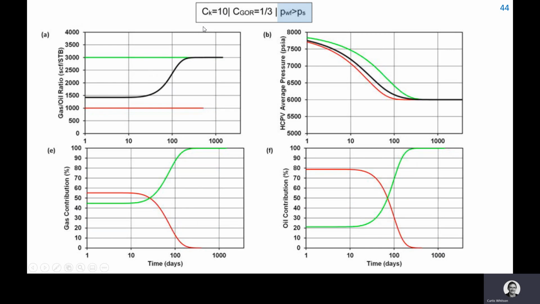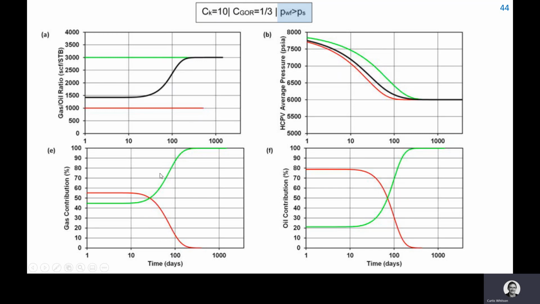Now, if we make a permeability contrast so that layer 1 is depleting more rapidly because it has a higher permeability, but the GOR contrast is such that layer 1 has a lower GOR, you see that layer 1, the lower GOR oil, depletes fastest, but that's because of the permeability contrast. And again, the contributions of the oil and gas from the different layers are shown below.